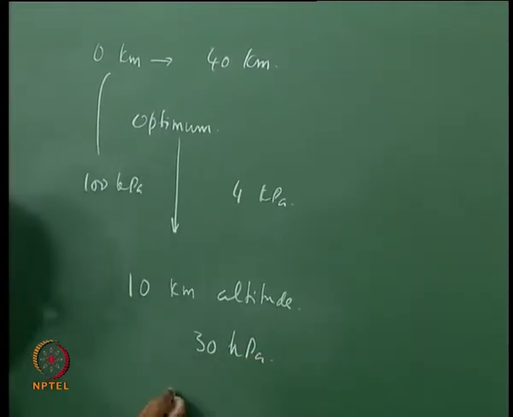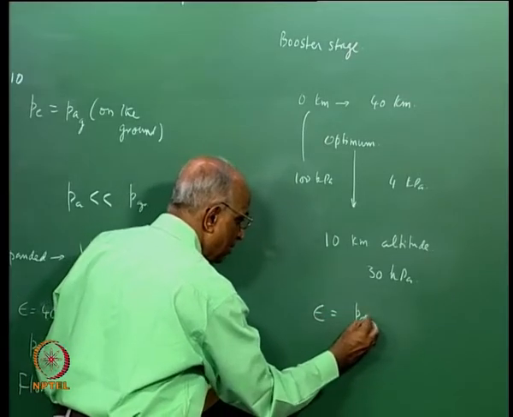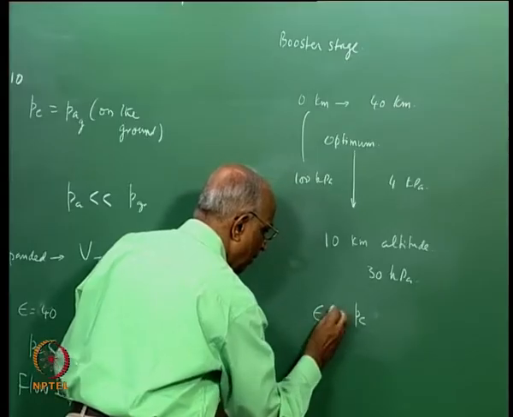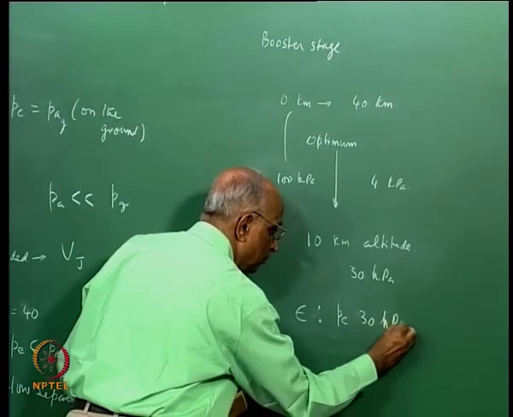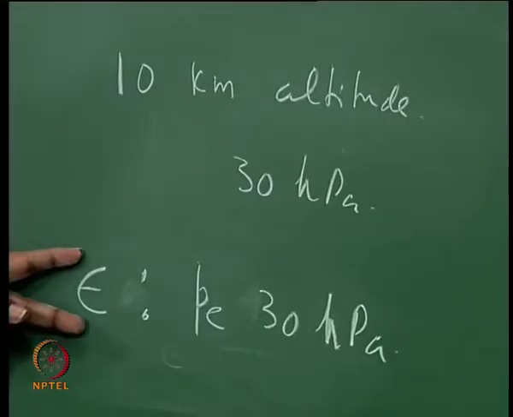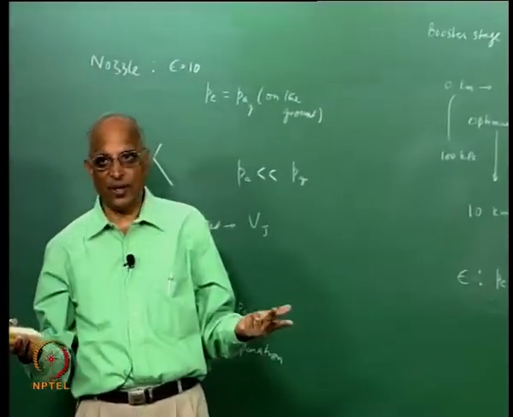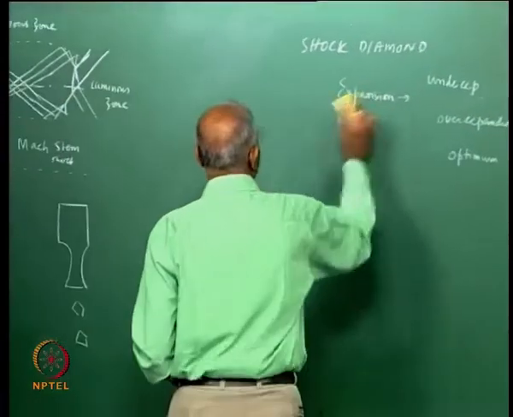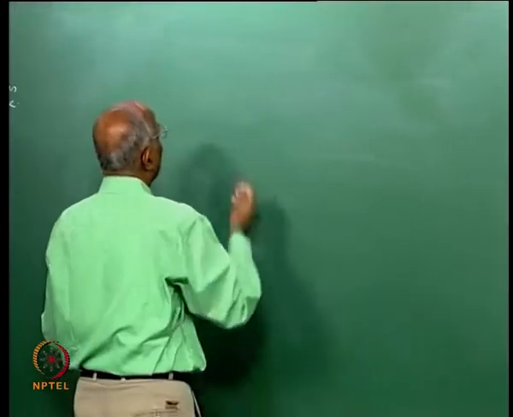That means my area ratio is such that the exit pressure of the nozzle gives me a value PE of 30 kPa. Now, this particular nozzle, when the rocket takes off, what will happen? Is it overexpanded, underexpanded?